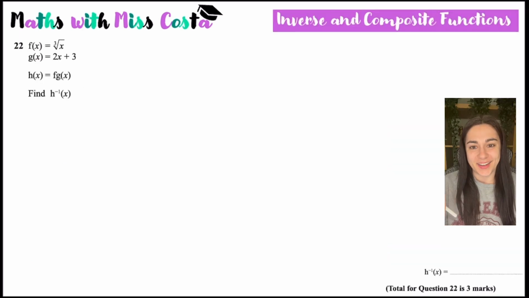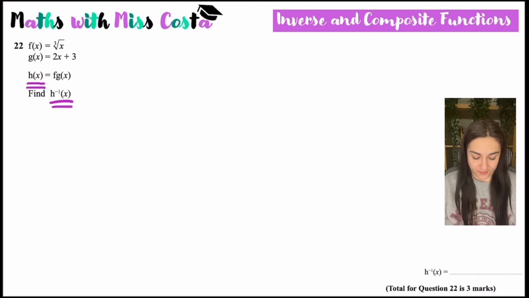Okay, so in this question we have been given an inverse function and a composite function. So let's see what we can do. We know that h of x equals fg of x, okay? And then I'm being asked to find the inverse of h of x.